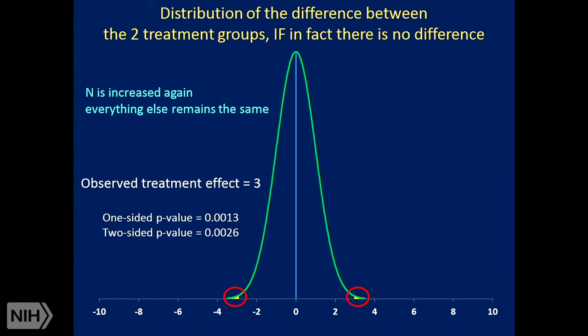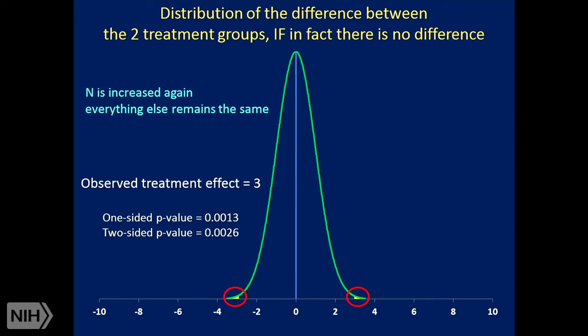So you're going to say, but wait a second. The treatment effect is the same. It wasn't statistically significant the first slide, and now it is highly statistically significant. Well, yes, that's because of the sample size. So the point is, the sample size can make a huge difference in terms of finding something statistically significant.